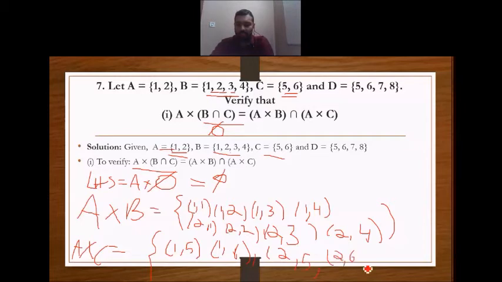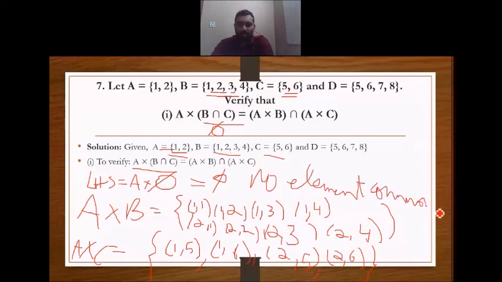So these are the elements in the Cartesian product. Now, if you take intersection between these two sets, is there any element common? There are no elements common here. (1, 5), (1, 6) is not there here. (2, 5), (2, 6) is not there here. So there are no elements common in both sets.